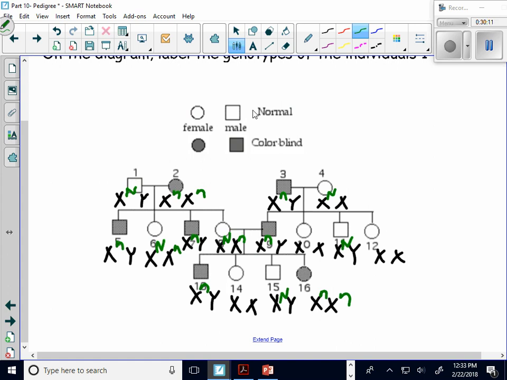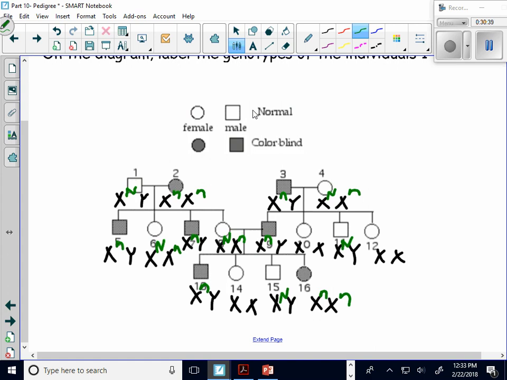What about that second X, Fletcher? It's got to be a little n. The dad gives the Y, the mom gives the X. Look at 9. Mom's got to give that little n, right? Because dad gave that X. Okay.